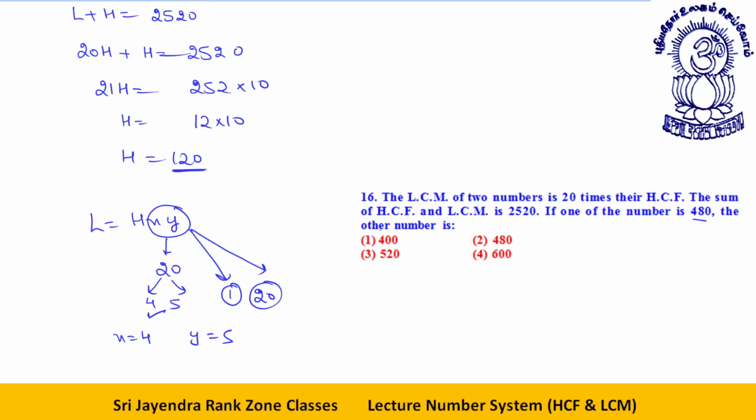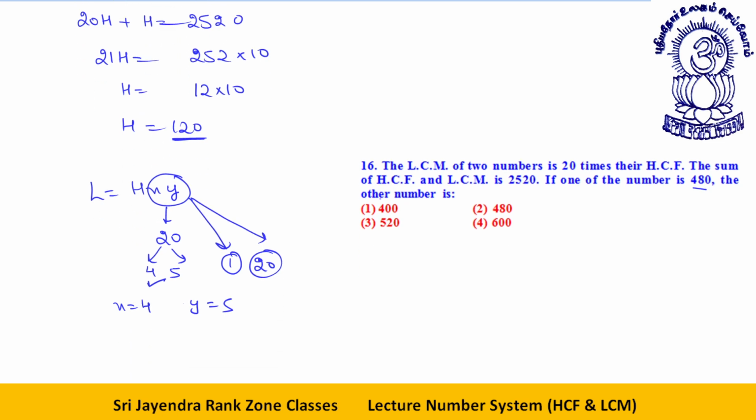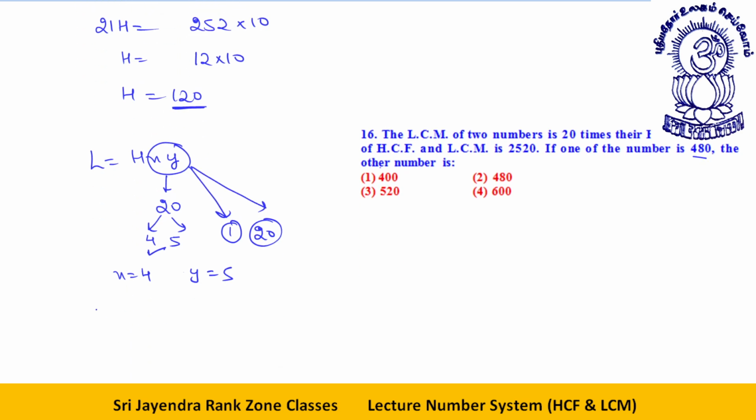Let's say a number is A. A is equal to HX. H is 120 and X is 4, so it gives you 480. Very easily done. Then B will be what? H into Y, that will be 120 into 5, that will be 600.